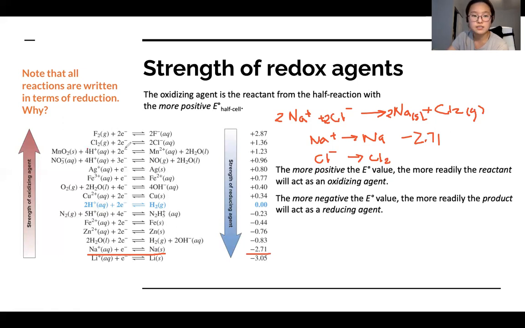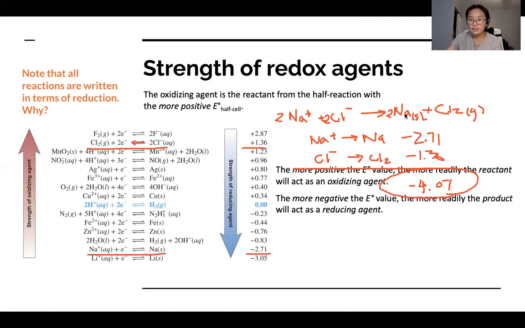In this case, our arrows are flip-flopped. We want it to go this way, so we're going to put a negative 1.36. Adding those two gives you negative 4.07. That's a very negative reaction potential. So this is a very non-spontaneous reaction. It will not spontaneously occur.